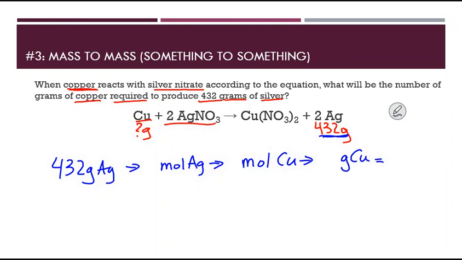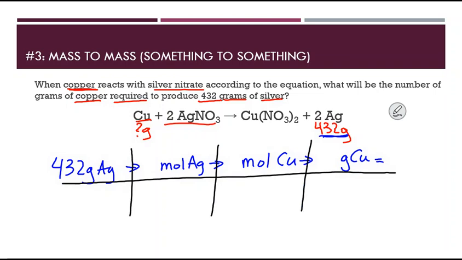So here's our T-chart. Okay, setting up our fractions. So grams of silver to moles of silver, moles of silver to moles of copper to grams of copper. Now it just becomes setting up the dimensions for the conversion and for the mole ratio.